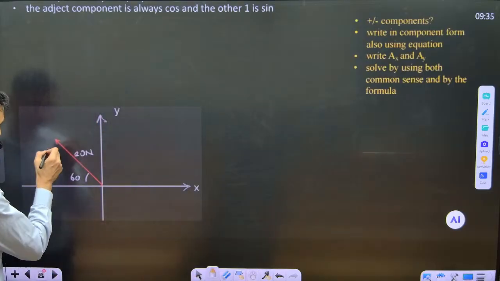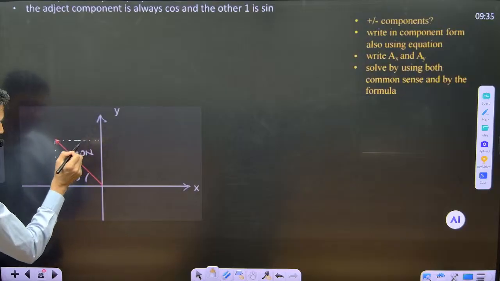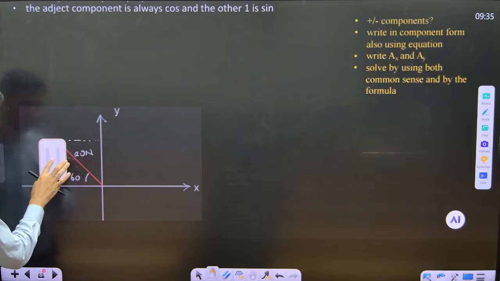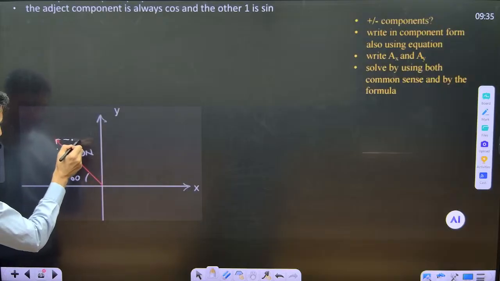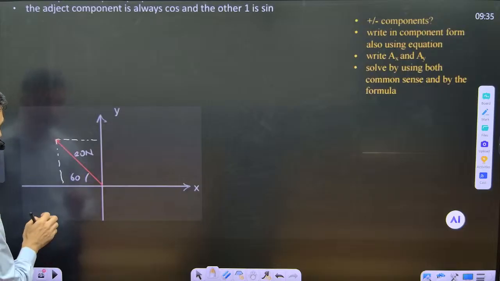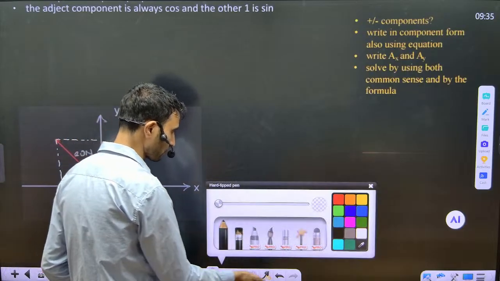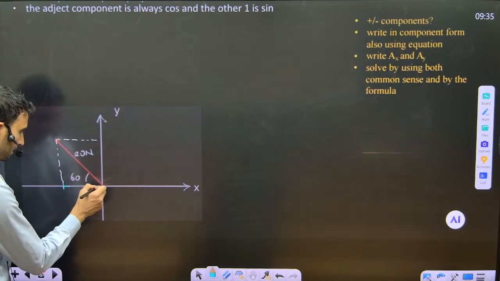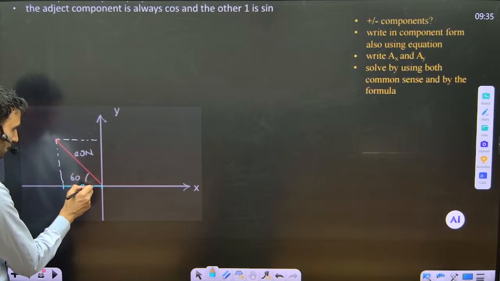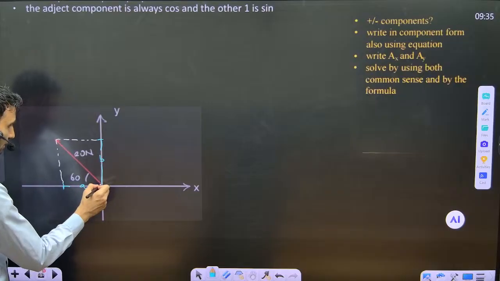So if you drop a perpendicular here and you drop a perpendicular here, like this, like this. So how much will be this? Let us say this is, call it A, call it B, right?